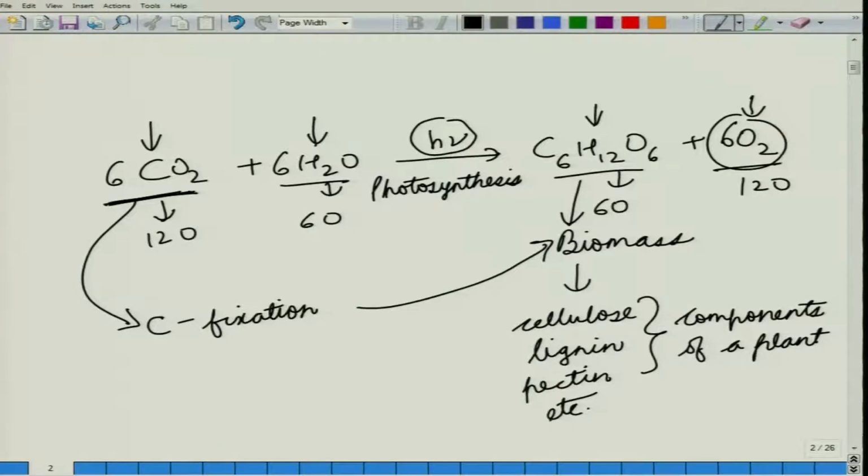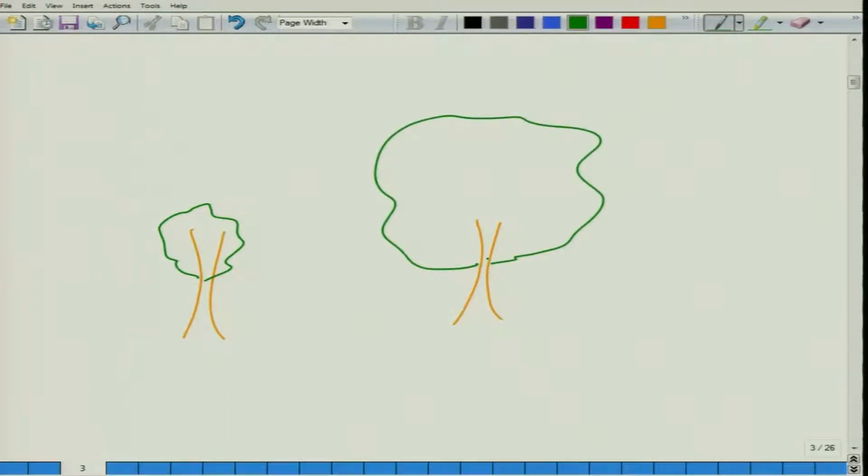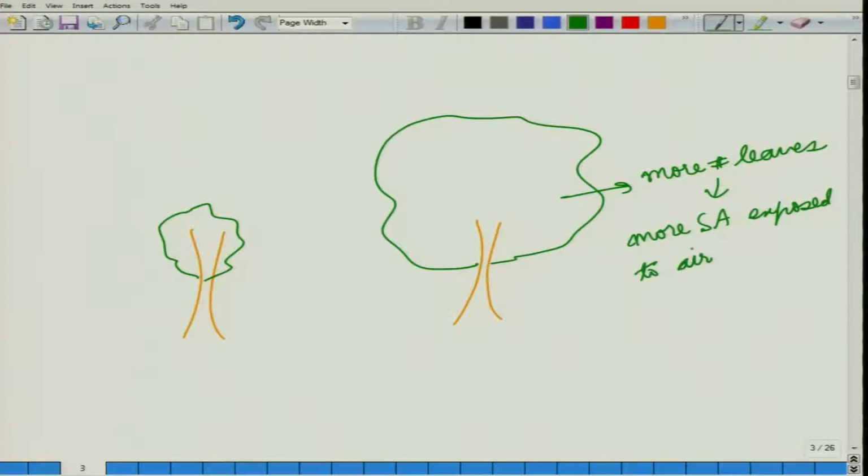Now, when we talk about Vigour, we have seen that if we have a plant that has a small crown and we compare it with another plant maybe of the same size, but with a much bigger crown, this one will have more number of leaves or more surface area exposed to air and sunlight.